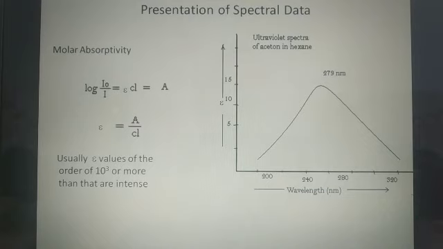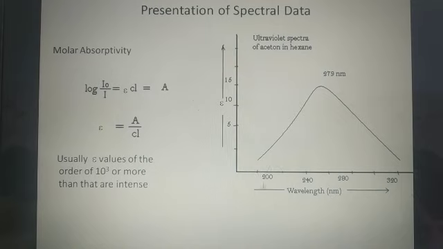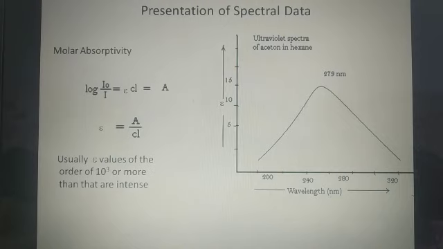How is spectral data presented in a paper? Usually the molar extinction coefficient is plotted against the absorbed wavelength. As I said earlier, not a single wavelength is used. Here you see 200, 240, 280, 320, so we start from 200 and it will end at 800 nanometers, the last line of the visible region.